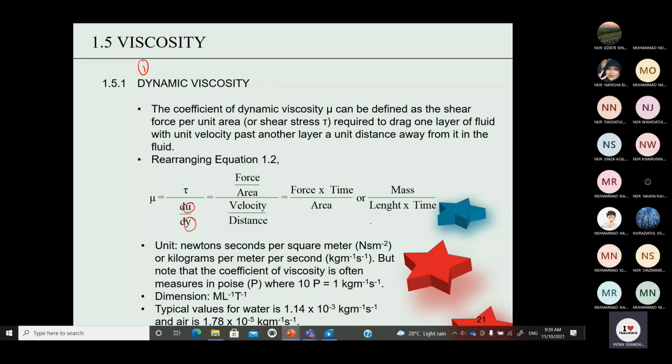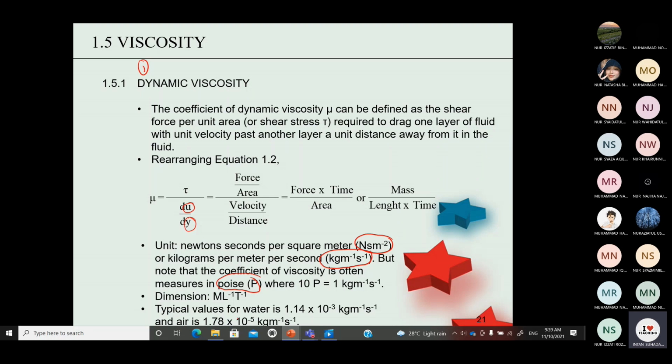Then you multiply and you get force time over area, or mass over length time. So this is the unit. Usually viscosity we measure in poise, or the unit kilogram per meter second, or Newton second per meter squared.